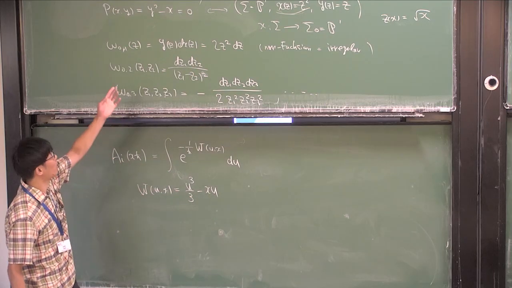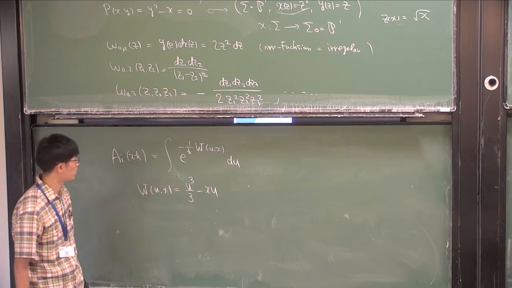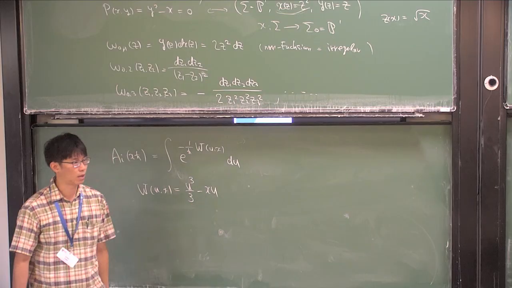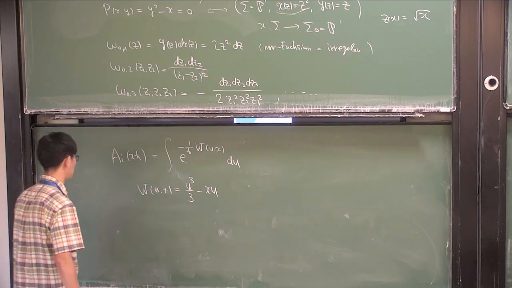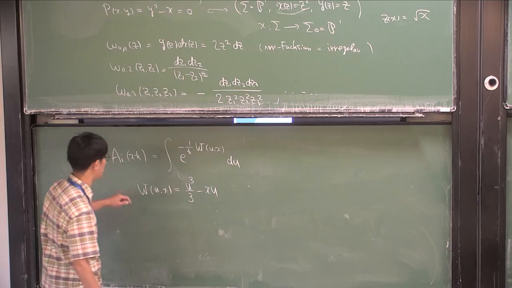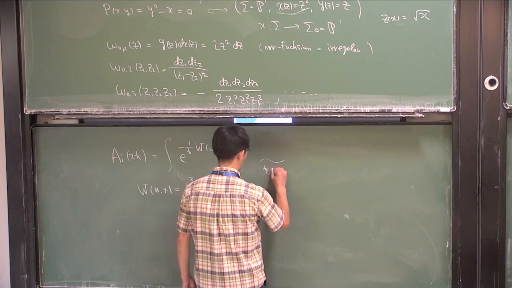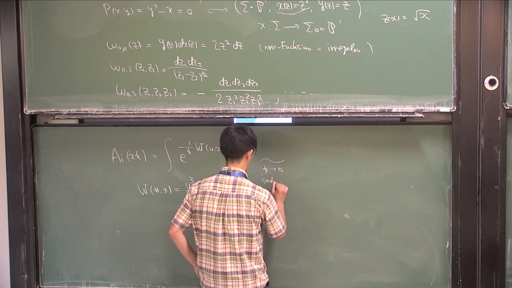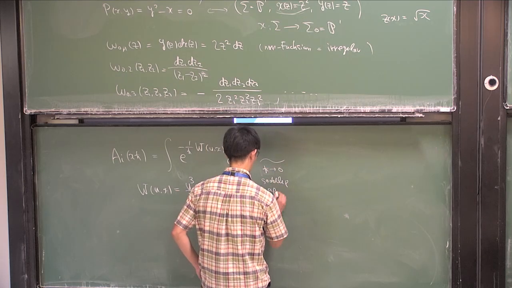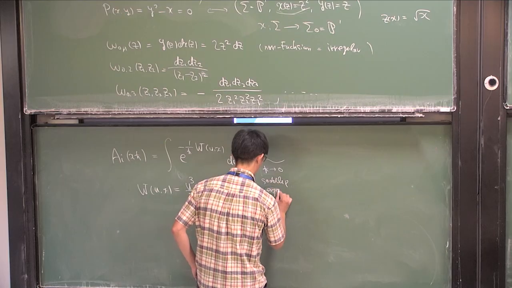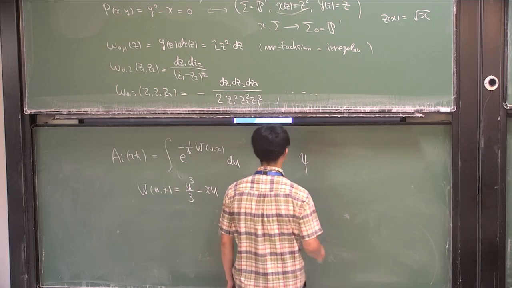So x is the independent variable of the Airy equation. It is kind of related to some unfolding of the A2 singularity. And you can check that by the saddle point approximation, or expansion.